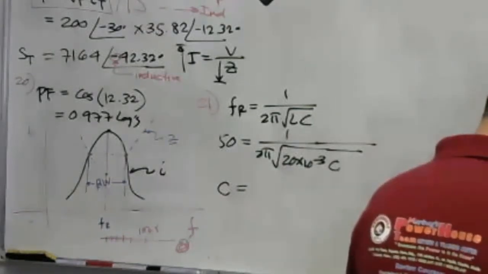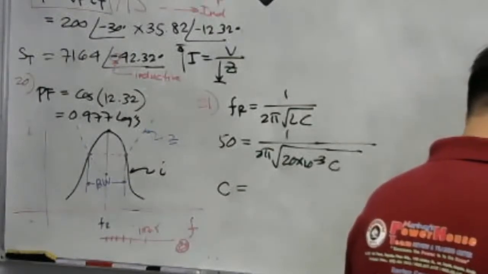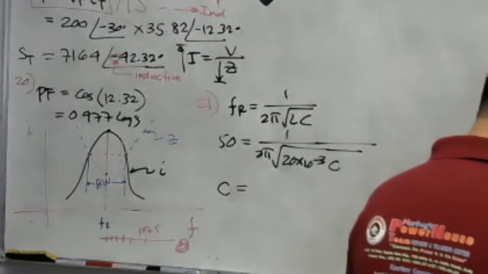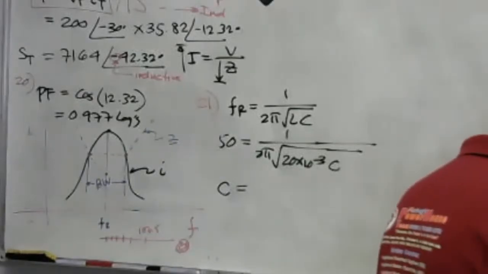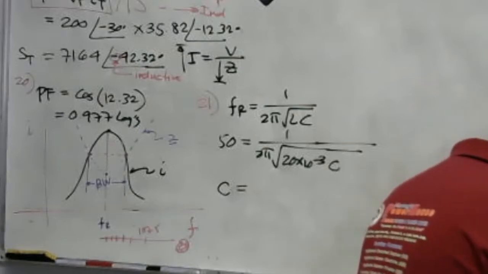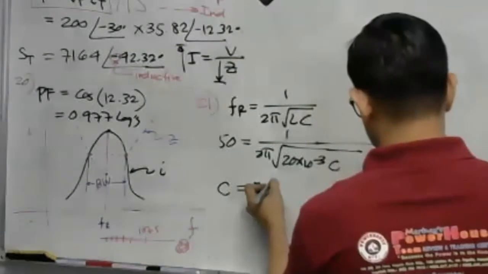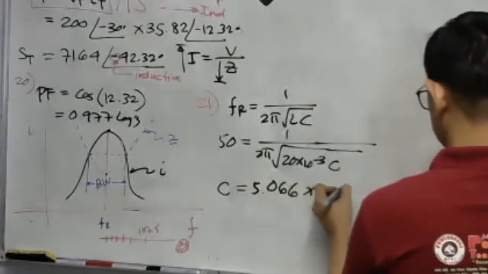Okay, let us solve. The capacitance, in my calculator, is 5.06066 times 10 raised to negative 4.